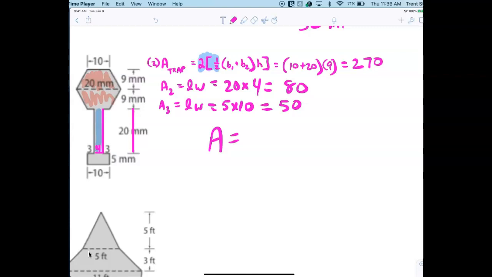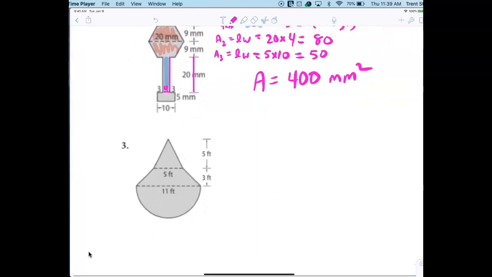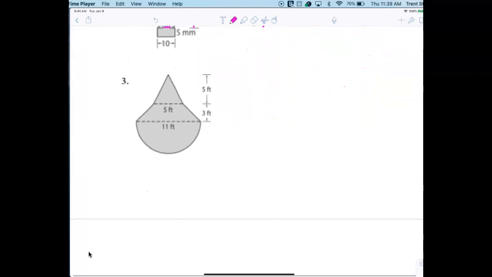Without a calculator. 0. 400. You all are wrong. 400 millimeters squared. I said 0 because I was thinking in my head. Yeah. Right. You were adding those up and got 0, obviously.